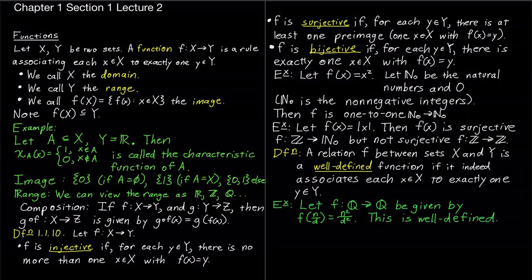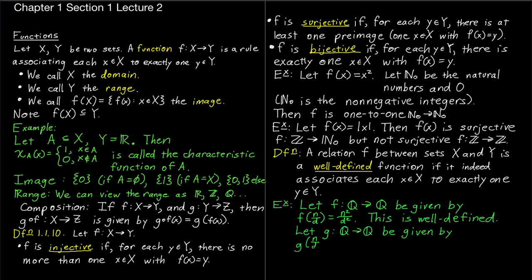And here's what I mean by an ill-defined function. We're going to let g be given by, if you would try to define a function on the rational numbers this way, you square the numerator and then you cube the denominator. It looks an awful lot like our function f, like our well-defined function, but this is not well-defined.